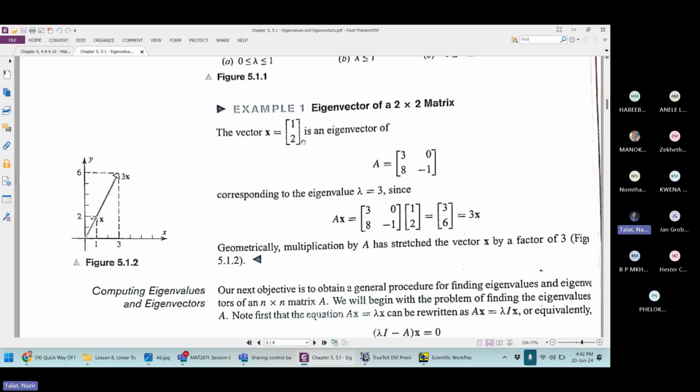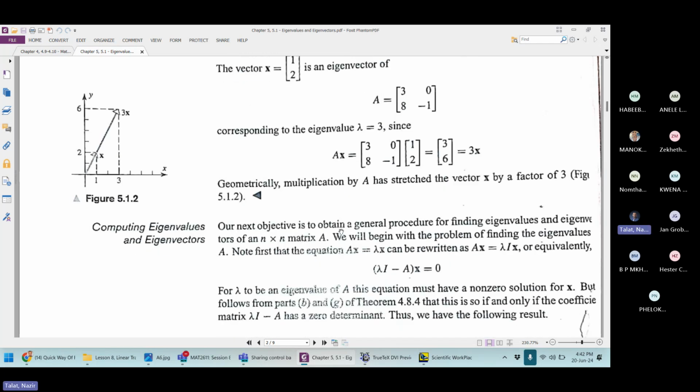It means for this eigenvector (1, 2), λ is the eigenvalue because Ax is playing as 3x. So this 3 plays the same role as this matrix. This constant has the ability to carry all the features of the matrix A. So this is called the eigenvalue and eigenvector: λ is called the eigenvalue and x is called the eigenvector.